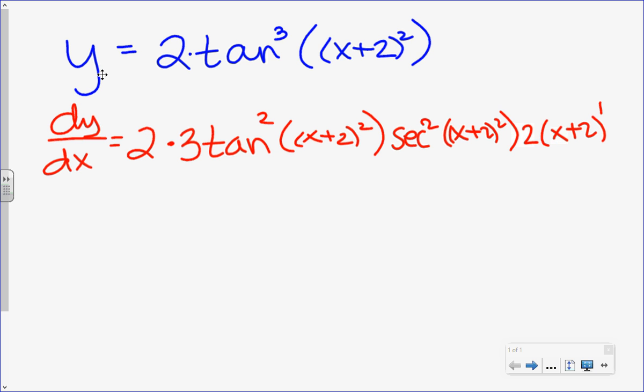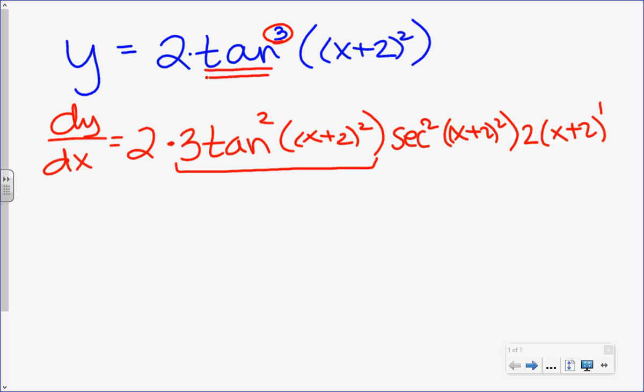I'm lost after x plus 2 squared. Why do you have all that extra? Okay, so the first derivative we took was for the cubic function, but inside of the cubic function was tangent. So this was our power rule here. Well then, since inside of our power was tangent, we had to take the derivative of tangent, which is here.